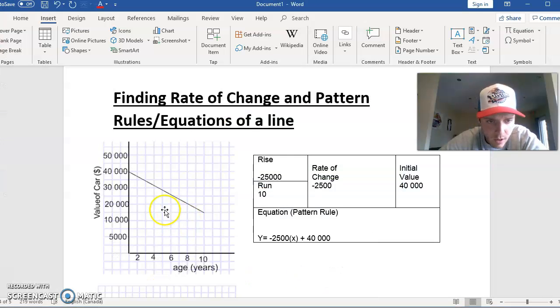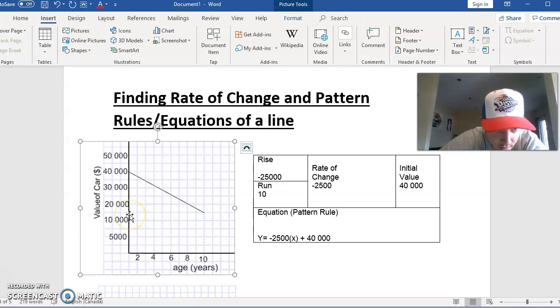So in this example, y2, where's y end? It ends here, 15,000. Where does it start? 40,000. So it ends here, 15,000. It starts at 40,000. This is y2, this is y1.